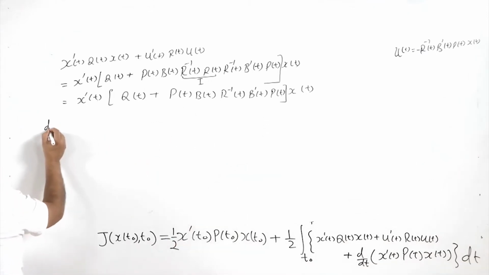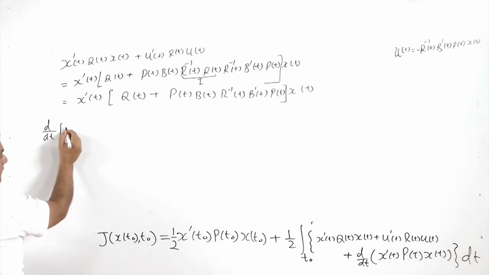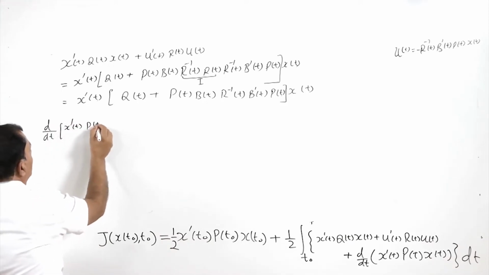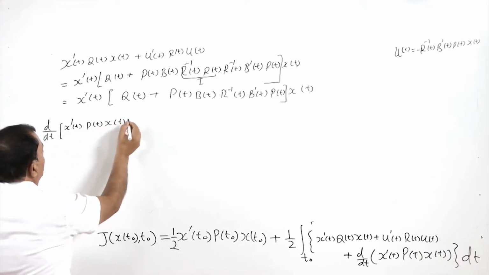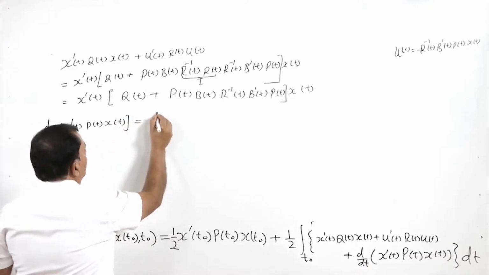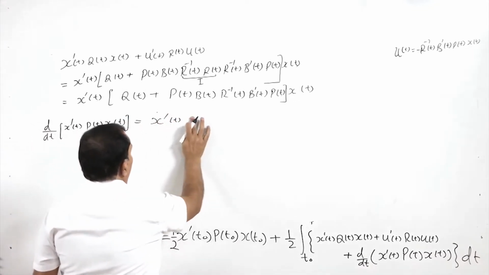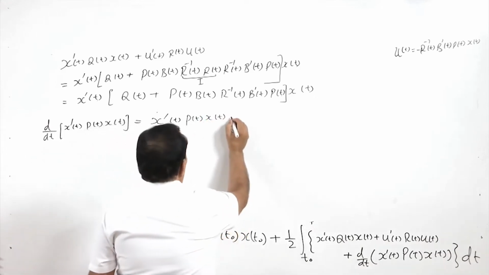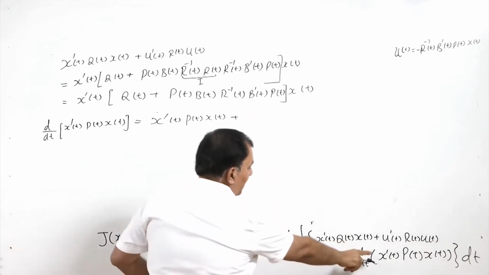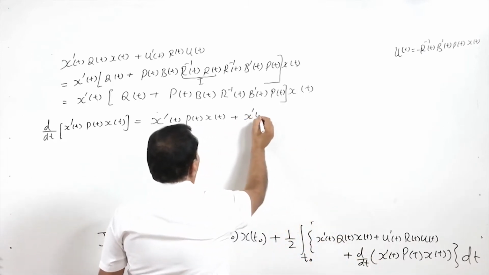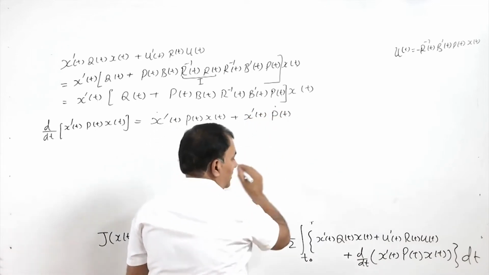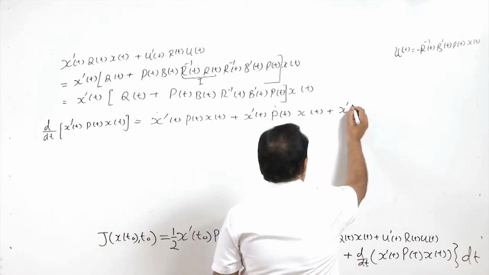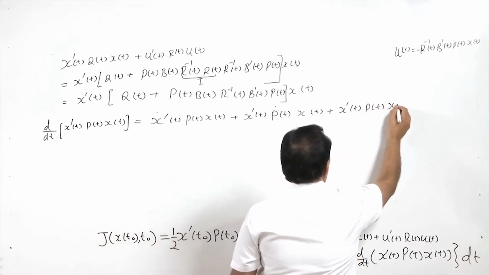Now if I expand d by dt of x(t) transpose P(t) x(t), this is nothing but my x dot transpose t, sorry, P(t) x(t) plus, so first term I am taking the derivative of this, second taking the derivative of P, this is P dot t x(t), and the third will be plus x transpose t P(t) x dot of t.